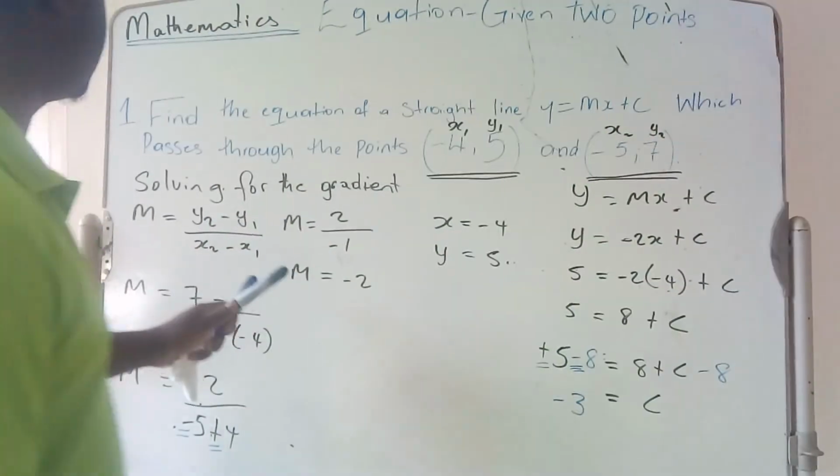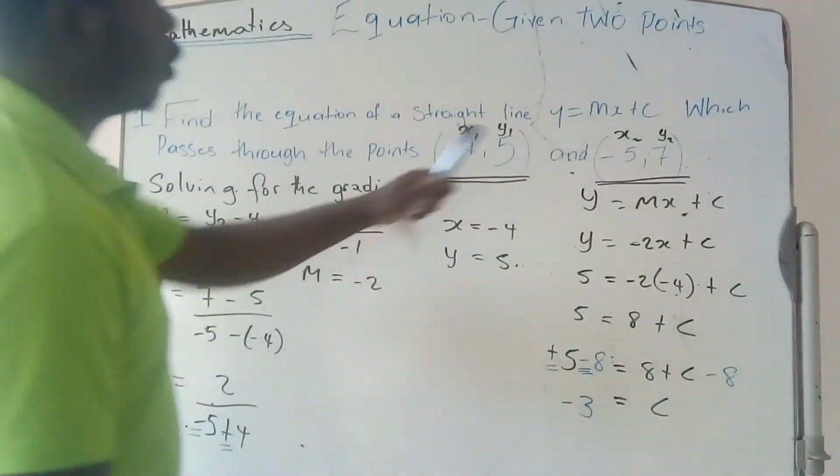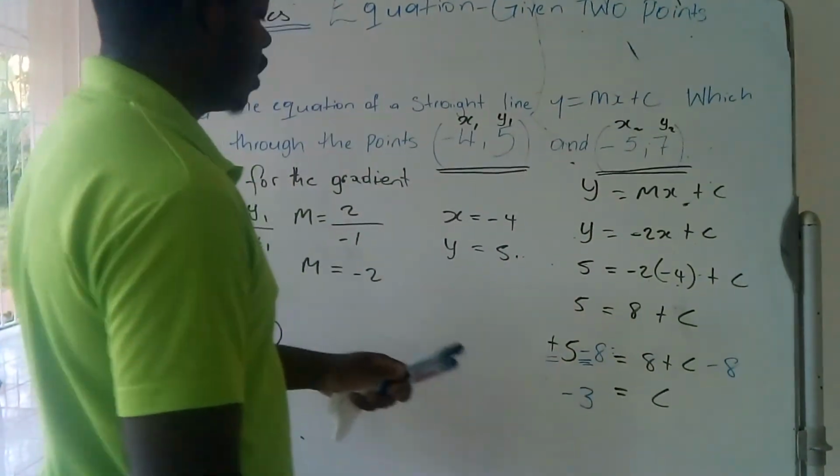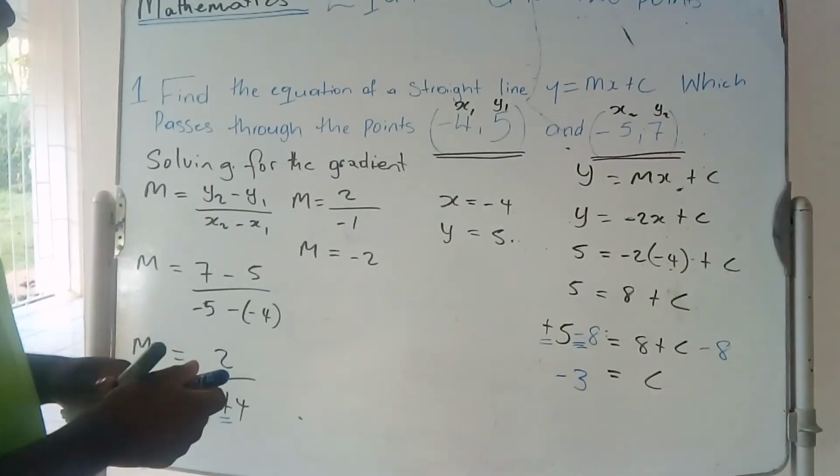Now to complete the question, they ask us to find the equation of the straight line y equal mx plus c. Right? Now, there is only one final step.